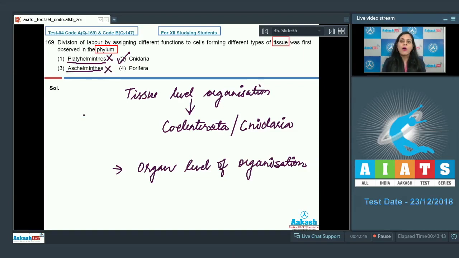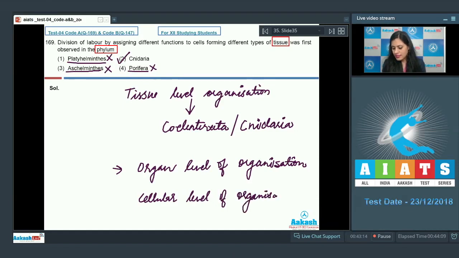Aschelminthes have an organ system level of organization, whereas the last option given is Porifera, which is also incorrect because Porifera have a cellular level of organization. So the correct answer for this question is option number 2. Let's discuss our next question.